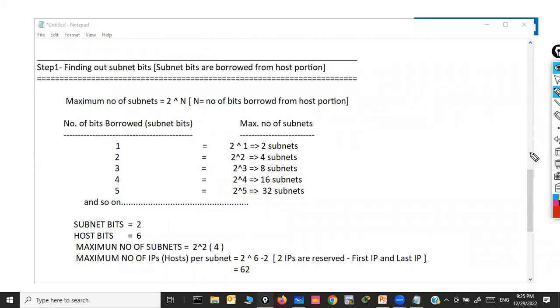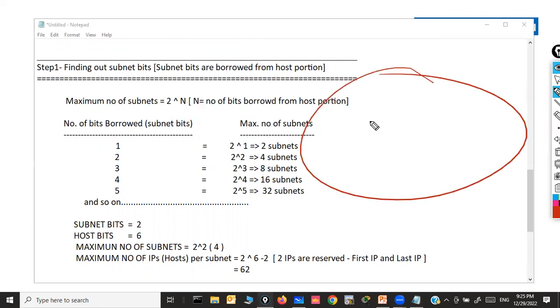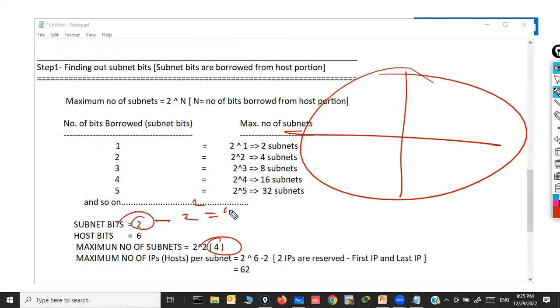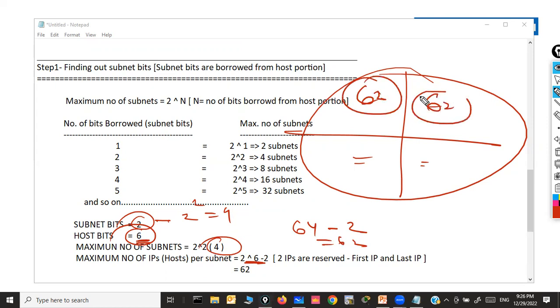So basically this big network will be divided into 4 subnets. Why 4? Because 2 bits are borrowed and 2 raised to the power 2 is 4. Each subnet will now have a maximum of 2 raised to the power 6, because there are 6 host bits. 2 raised to the power 6 is 64, minus 2, that is 62.